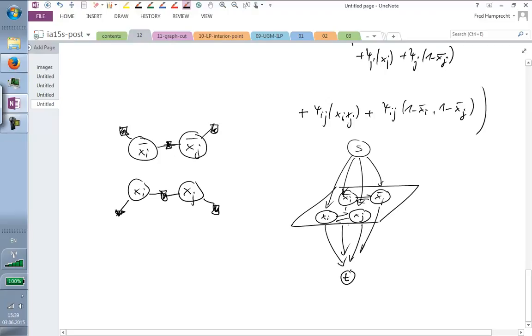And so these two flow graphs, or two halves of the flow graph, would be mirror images of each other. So whenever I assign xi to s, I want to assign xi bar to t, and so on. This is what I mean by mirror image.